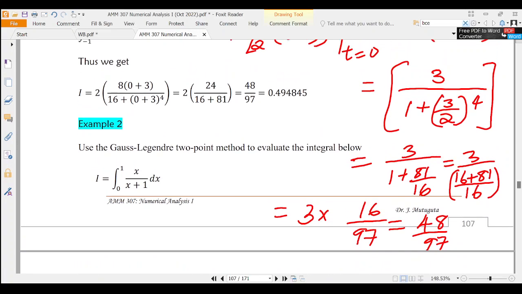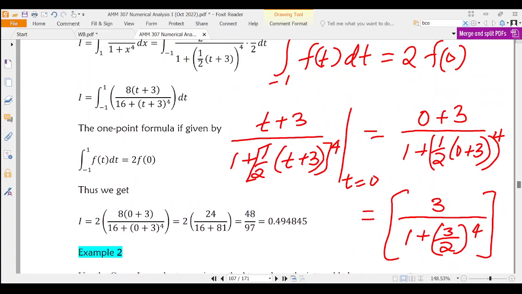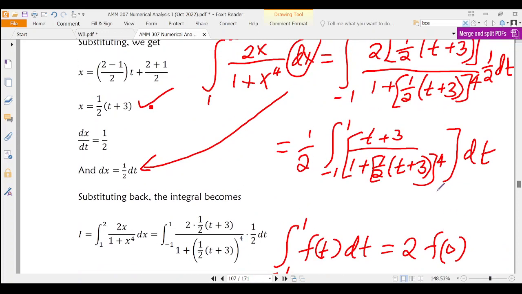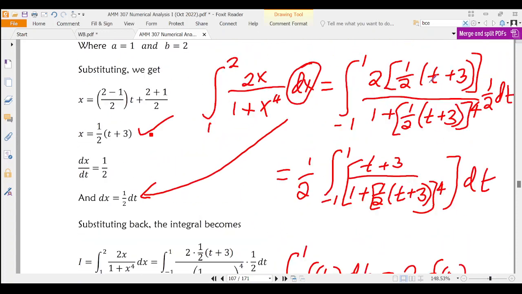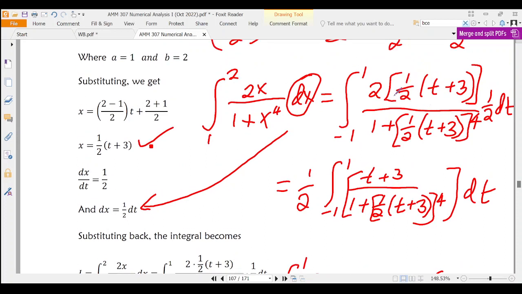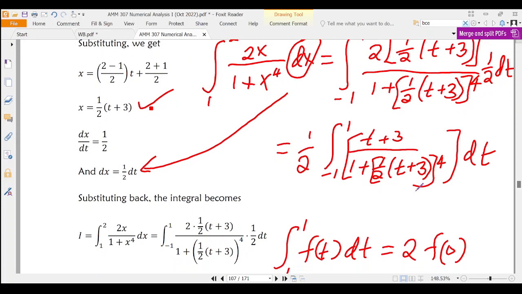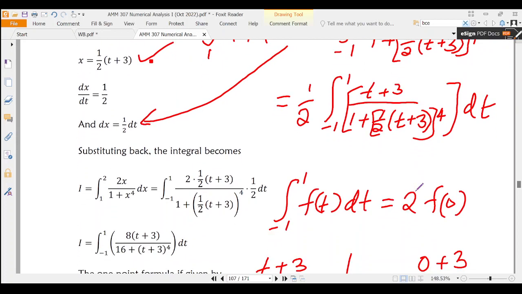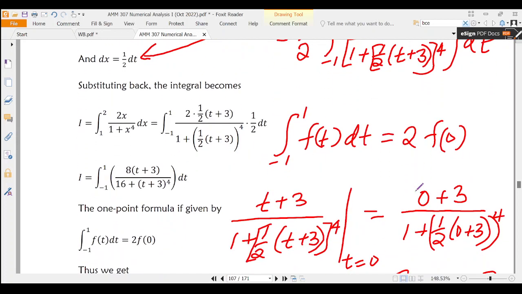So see that we can work out directly here without simplifying this. We don't necessarily need to simplify because we are only looking for the value of the function when t is 0, according to our formula. So we just substitute, then simplify after substituting.